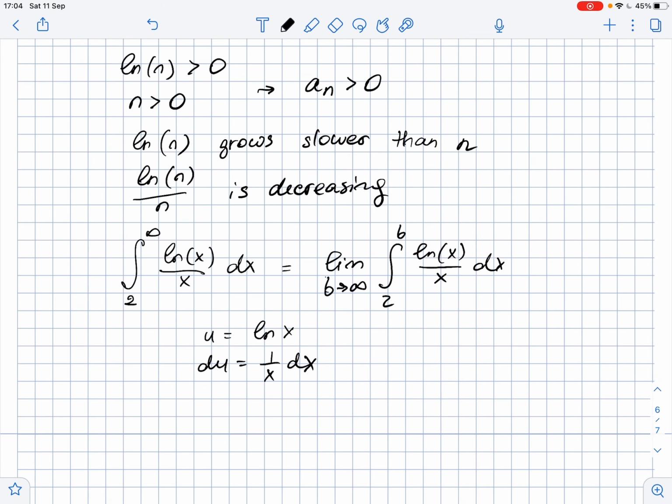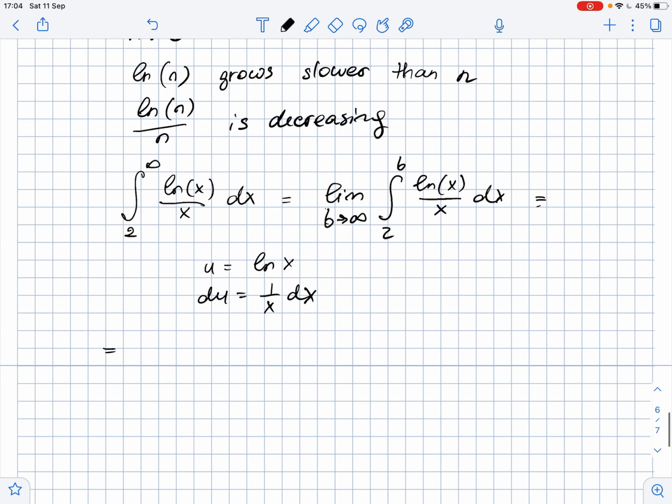So we get that our expression equals the limit of the integral of u du from ln of 2 to ln of b, where b approaches infinity.